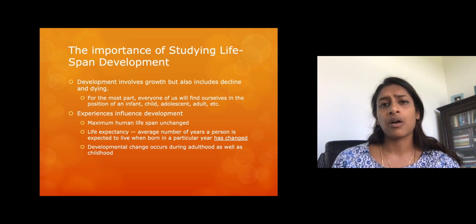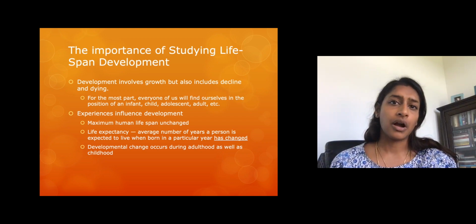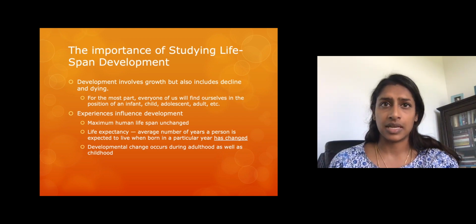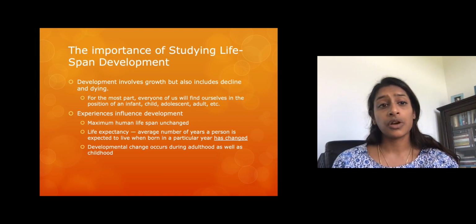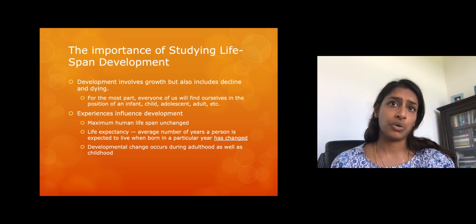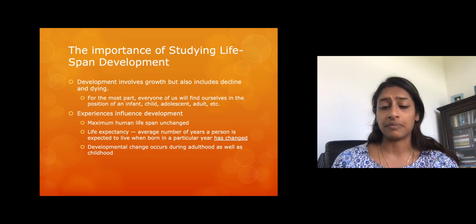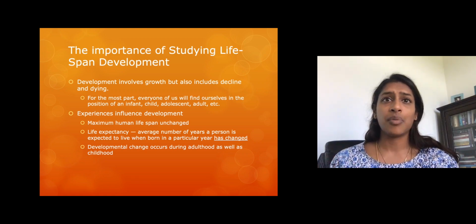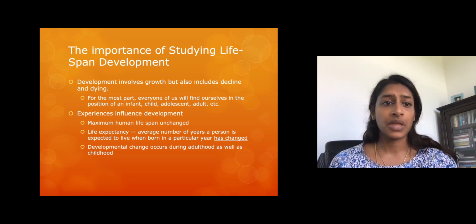When we think about development, though, there are a couple of things that I want you all to keep in mind. The first is related to human lifespan. Our human lifespan is the number of years on average that a human being can live.